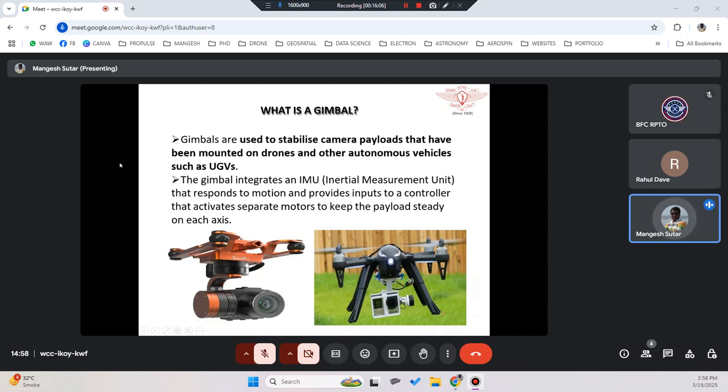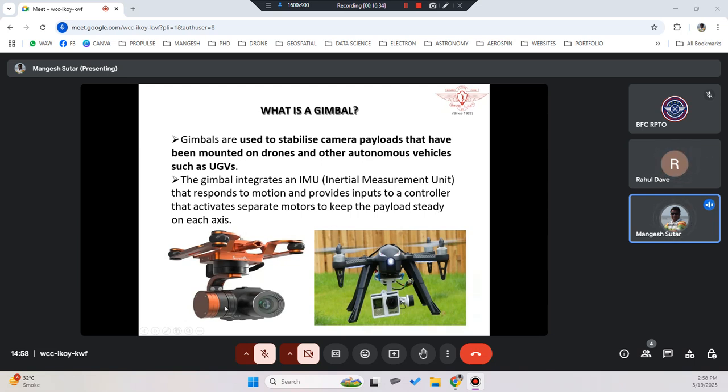Okay, so now we talked about the gimbal. A gimbal is basically used to stabilize the camera payload mounted on the drone and other autonomous vehicles such as UGVs, unmanned ground vehicles also. The gimbal integrates with the IMU, so it gets the signal from the IMU to stabilize. It responds to the motion and provides inputs to the controller that activates separate motors to keep the payload steady on each axis.